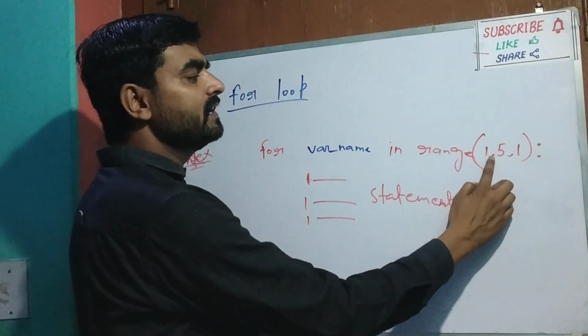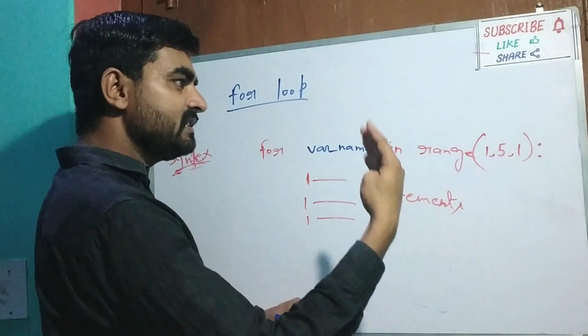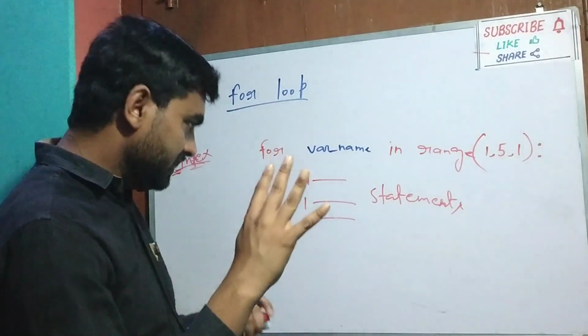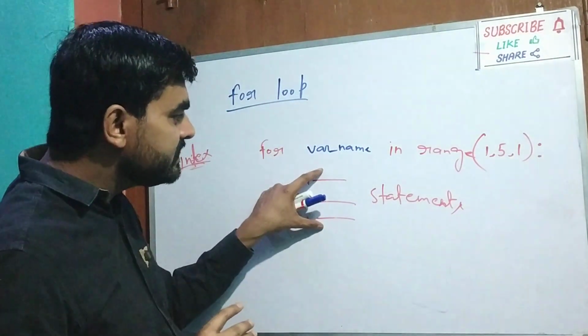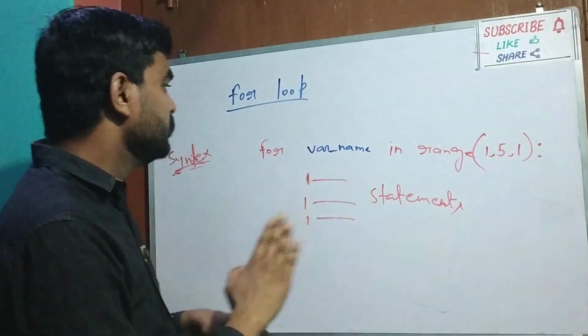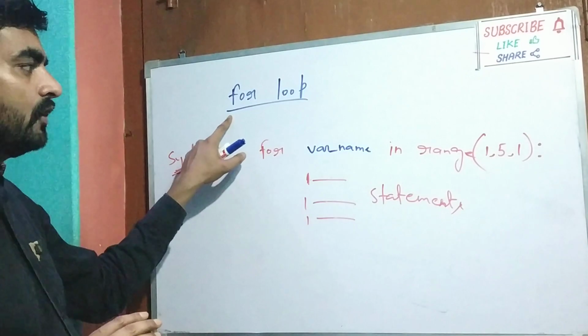It means 1, 5, 1. It means this loop will continuously work 4 times. So these 3 statements will be repeated 4 times. So just write it. It is the syntax of for loop.